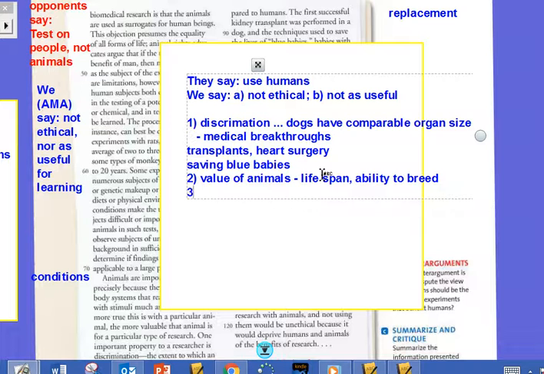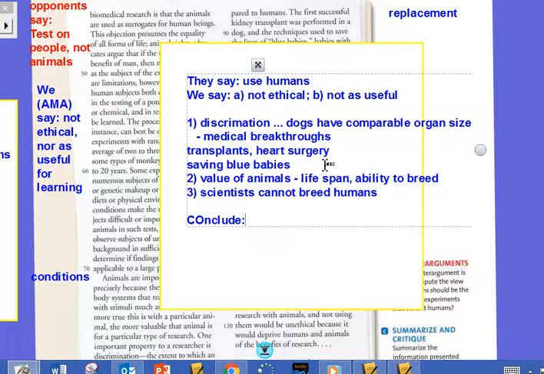And they point out that scientists cannot breed humans for experiments. And then what do they do at the end? They conclude. Their conclusion is their main claim, their main argument here.